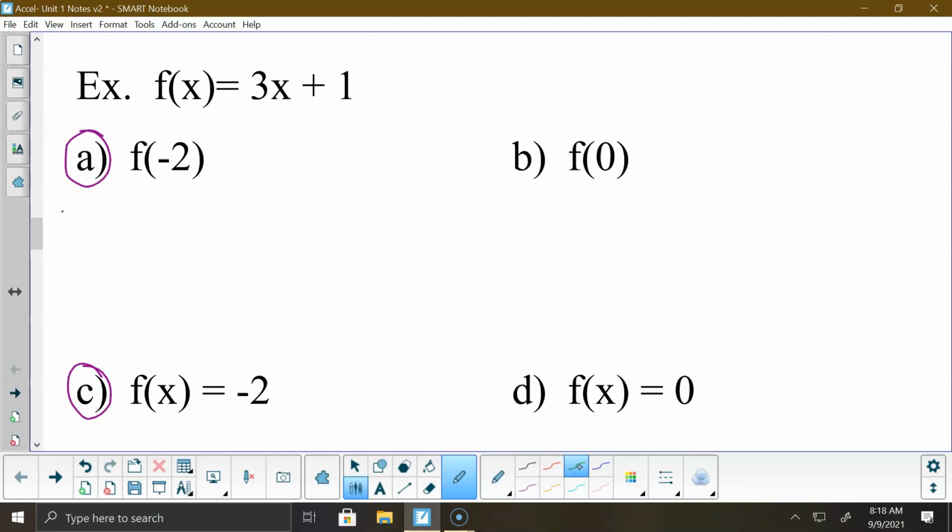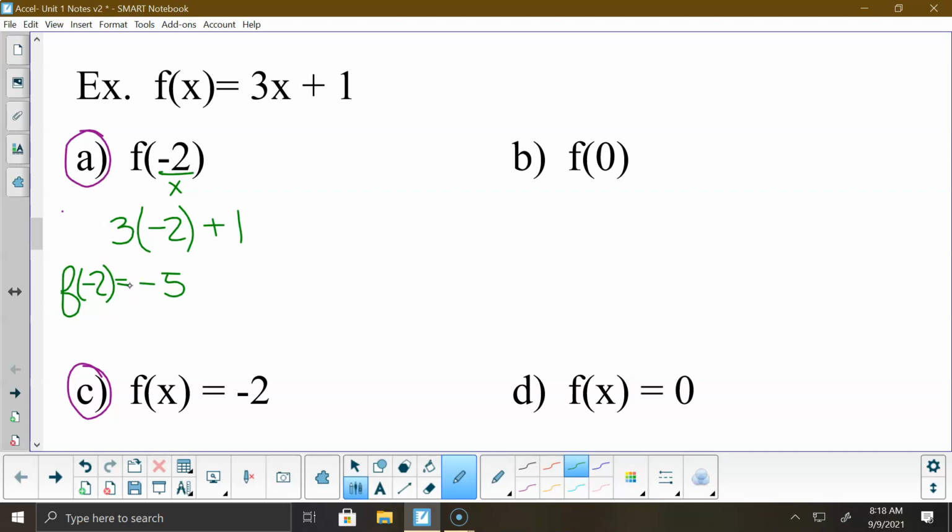So for A, what do I have? The x value or the y value? Michael? X value. So this is x. What I'm going to do is I'm going to take 3, plug in -2, and add 1. So I've got -6 plus 1. That gives me -5. So that means f of -2 equals -5.